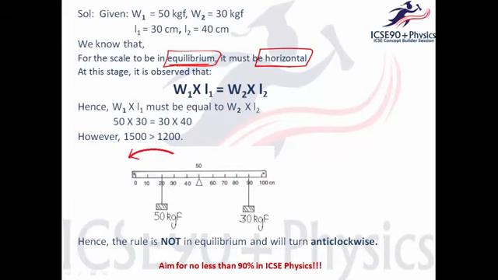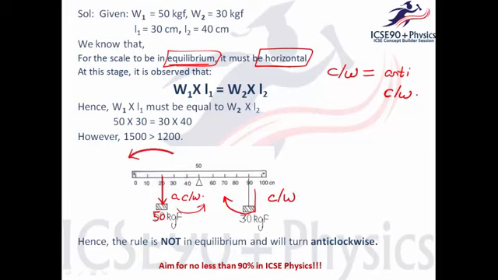It says that the clockwise moment about the fulcrum must be equal to the anti-clockwise moment about the fulcrum. Observe, this force of 50 kgf produces an anti-clockwise moment, as compared to this force of 30 kgf, which produces a clockwise moment with respect to this central pivot point O.